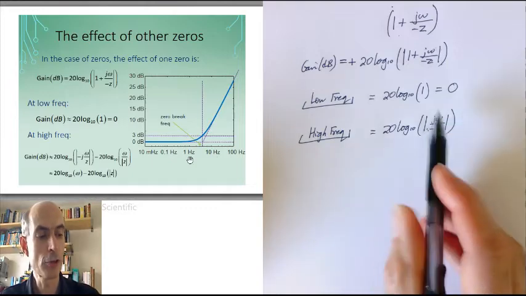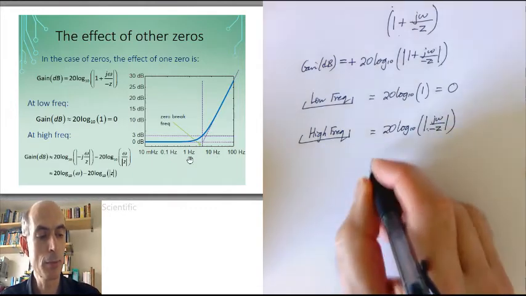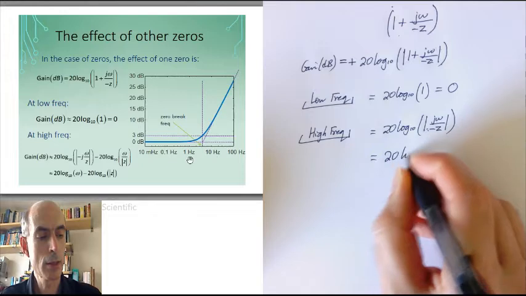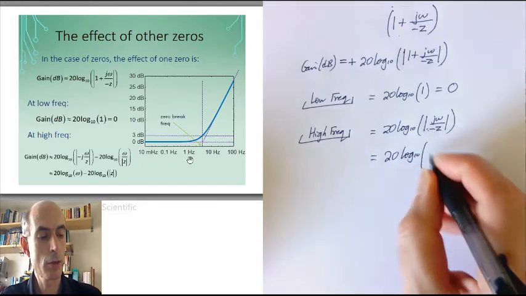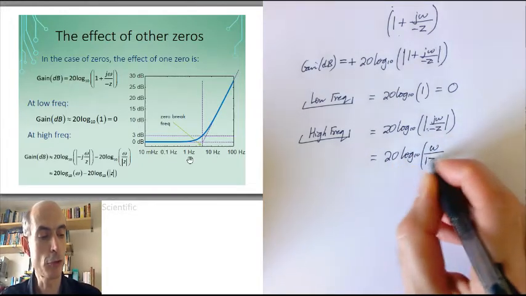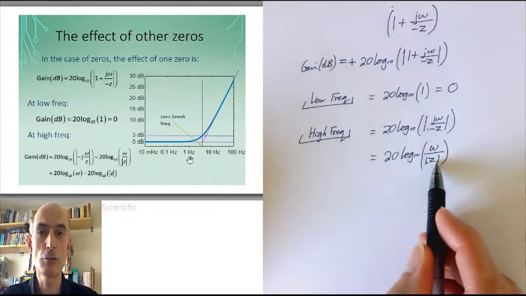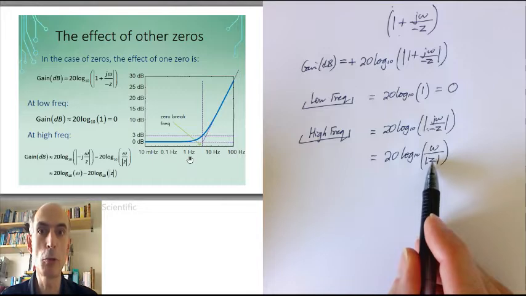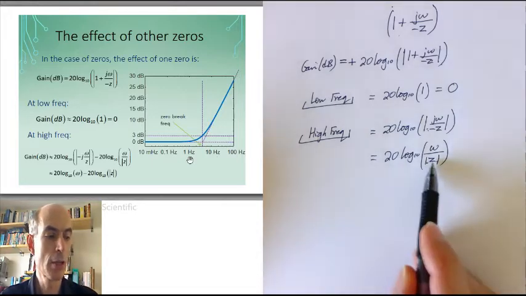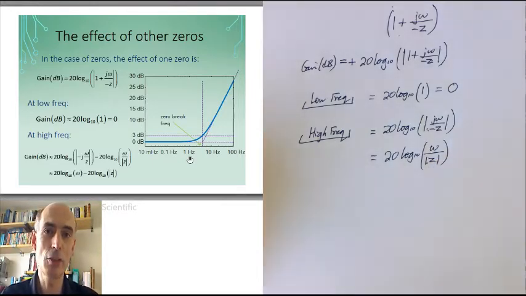Well, the modulus of j omega over minus z is just omega over the modulus of z. And I'm writing it as modulus of z rather than z because in almost all cases that we come across, the z is actually going to be a negative number when we calculate it.